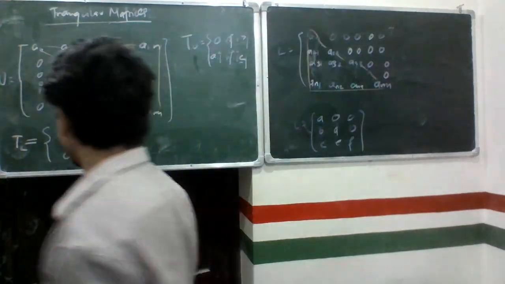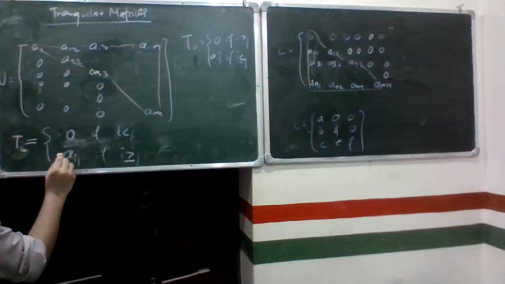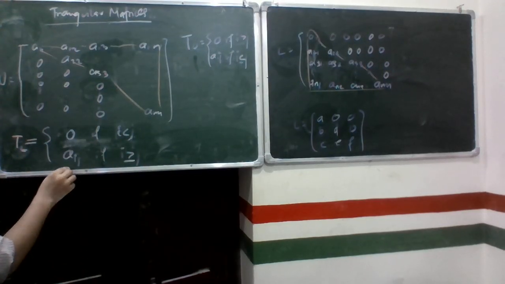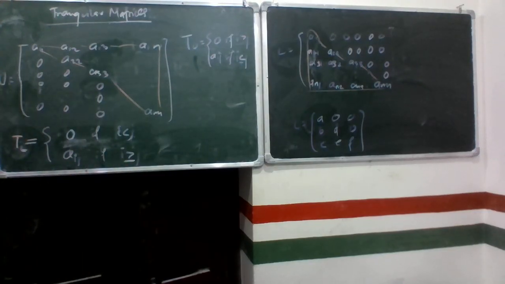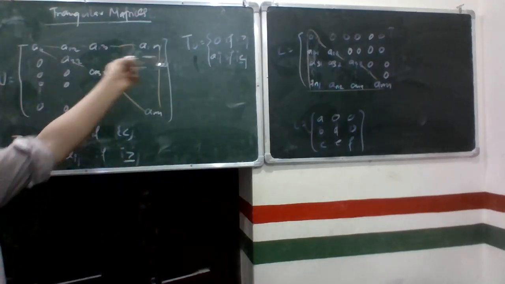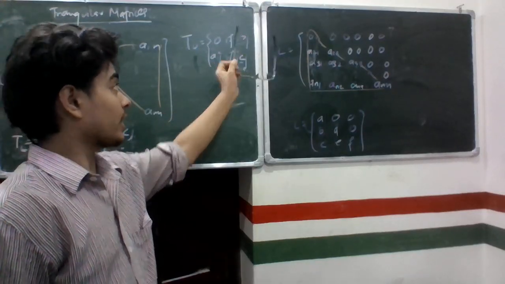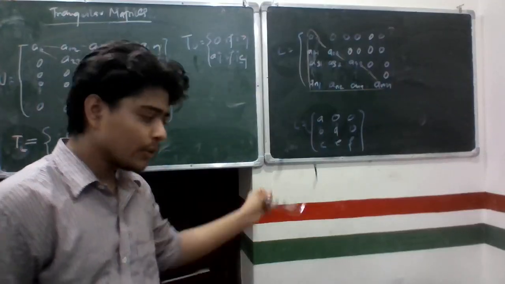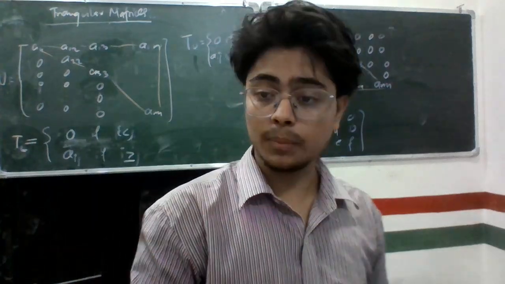It says that for a lower triangular matrix, the entry becomes 0 if i is smaller than j, and it exists if i is equal to j or i is greater than j. Similarly, for upper triangular, if i is greater than j, it is 0, and if i is smaller than or equal to j, then it exists. You can check that, okay? But I'm going to go to the next topic.